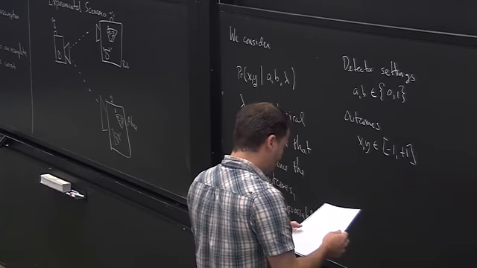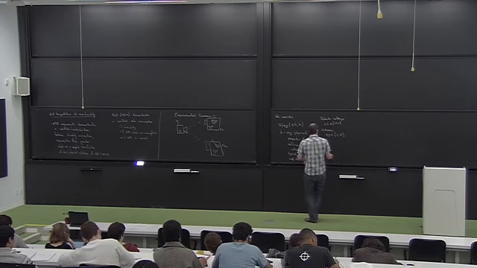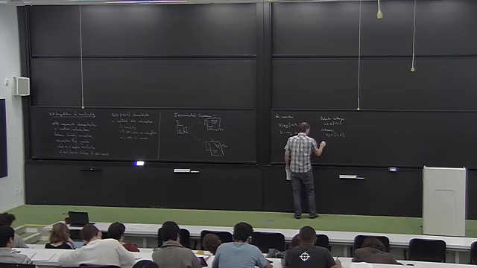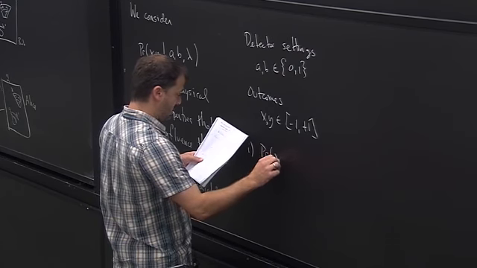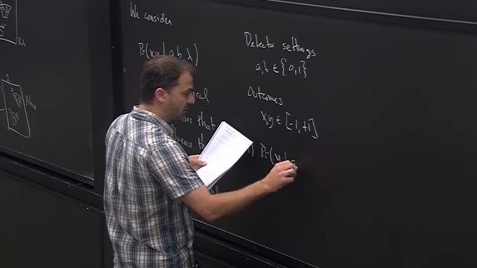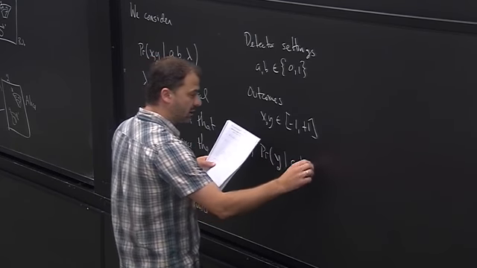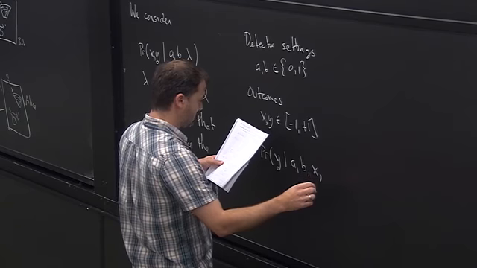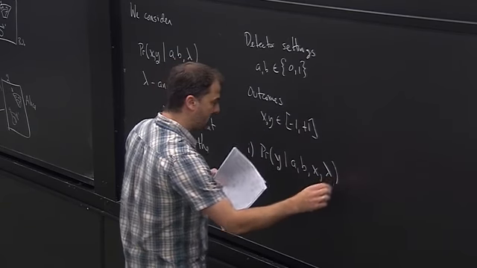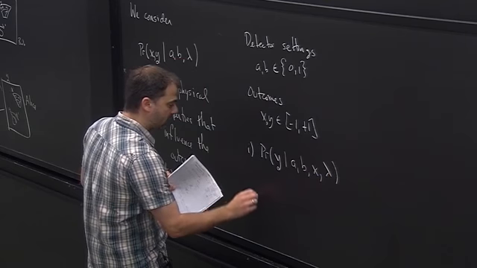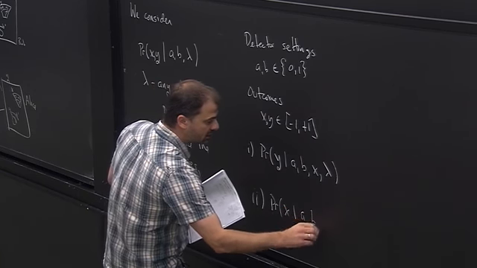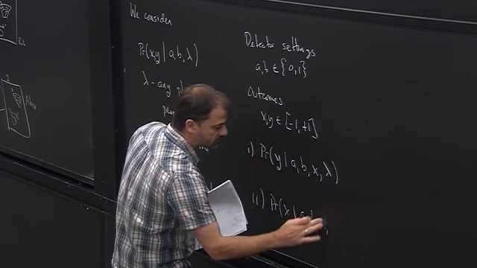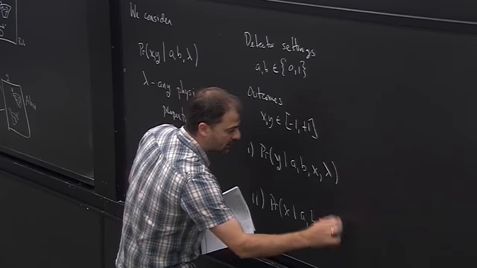Now we can talk about the probability that we get outcome y conditioned on settings A, B, outcome x, and lambda. And there's a probability that we get outcome x conditioned on A, B, y, and lambda.